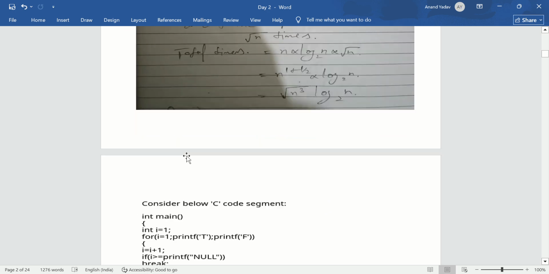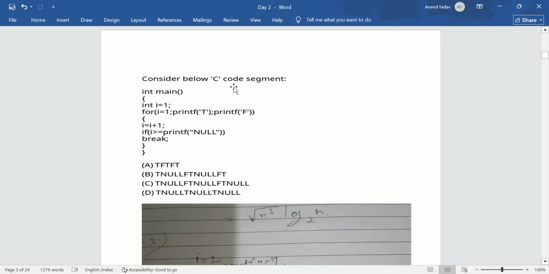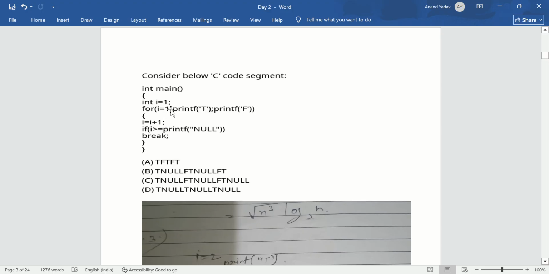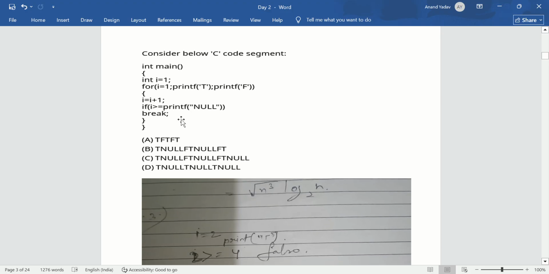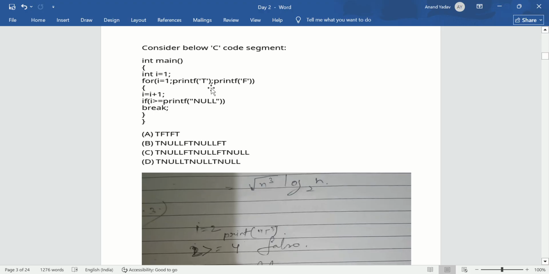Now the third question is: consider the below C code segment in main, i = 1. It basically asks what it prints. First i is equal to 1, then the condition is checked, printf prints true (T), and then i plus 1 is 2.